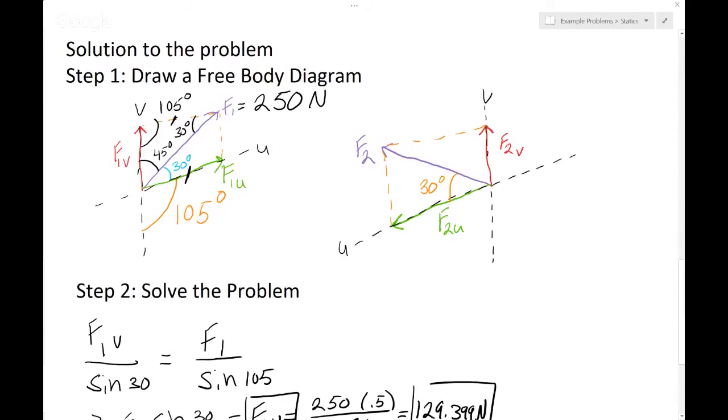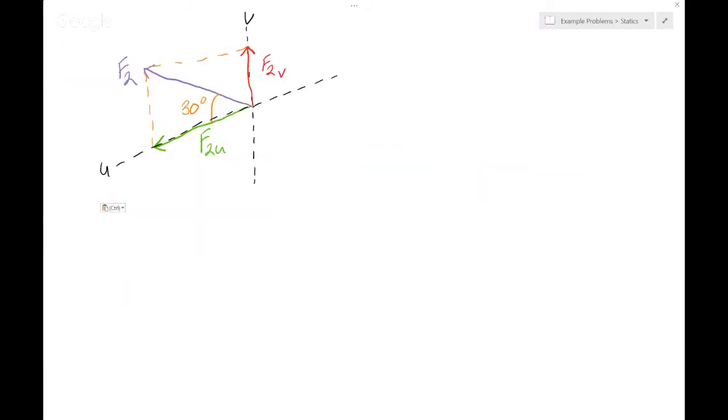Now for force number 2, it's basically the same deal. So for force 2, we have being equal to 150 newtons. We know that this is 105 degrees. Now this here total together is 75 degrees.